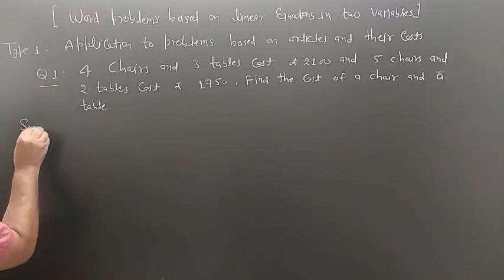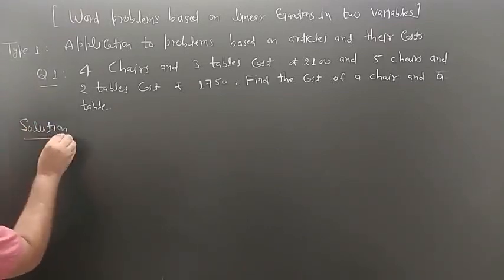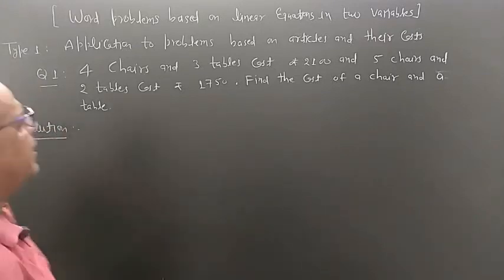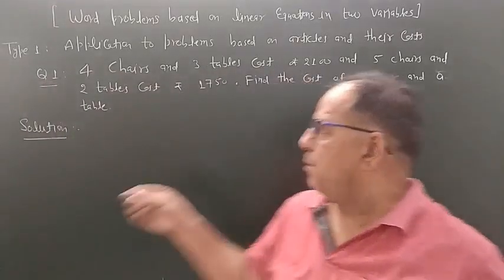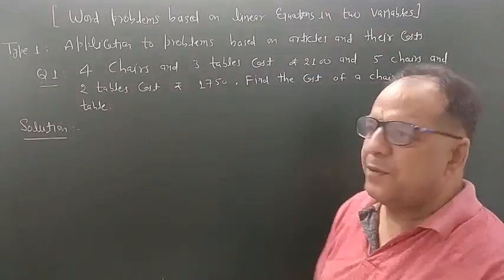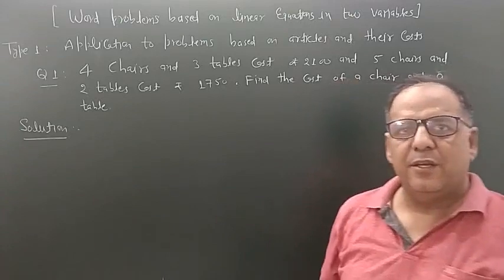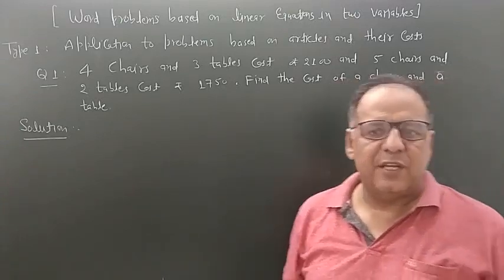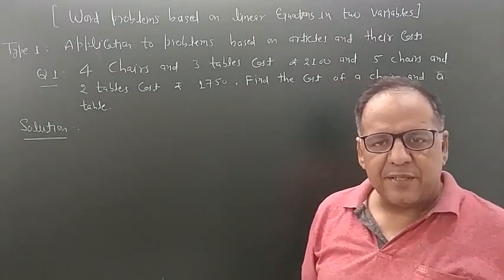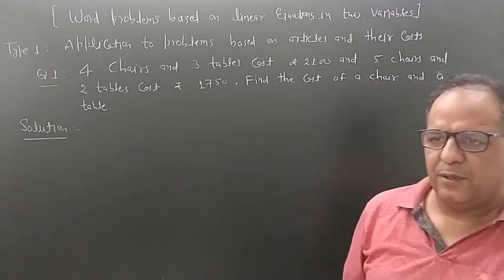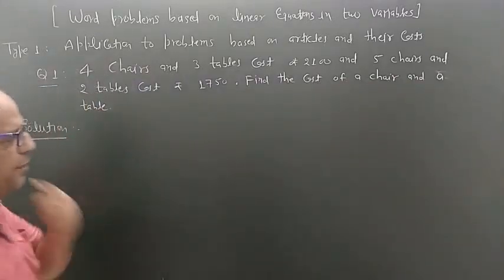So first we make the pair of linear equations in two variables, and after that we solve by any method, which may be the graphical method, elimination method, substitution method, or cross multiplication method, as per the demand of the question.